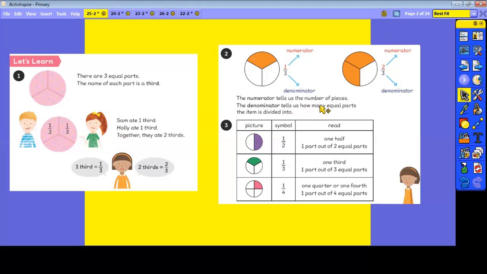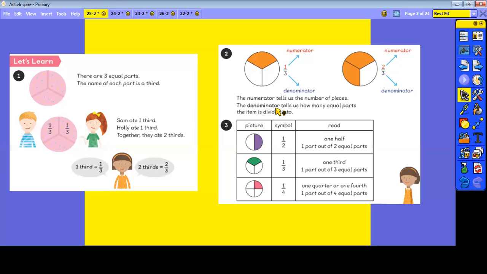Okay, so looking at this picture, we've got 2 parts shaded. So the numerator changes to 2, the number of pieces that's been shaded in, and the denominator remains at 3 because the circle is still in 3 equal parts. Okay, I want you to say after me, the numerator tells us the number of pieces.